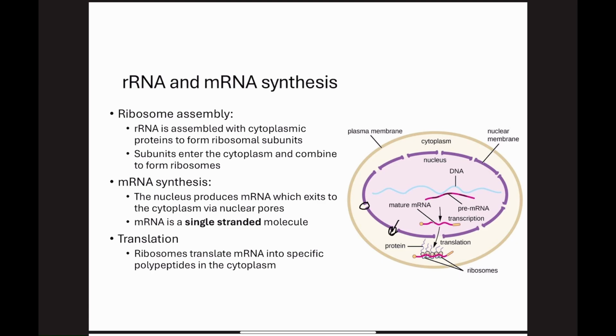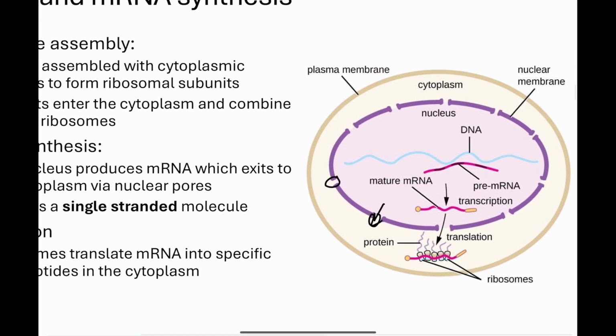So when we're looking at the figure, what we see is that in the nucleus, we have chromatin, right? So here we have chromatin. This DNA is going to synthesize our mRNA, and that mRNA is going to carry the genetic code for proteins. It's going to exit from the nucleus into the cytoplasm through those nuclear pores.